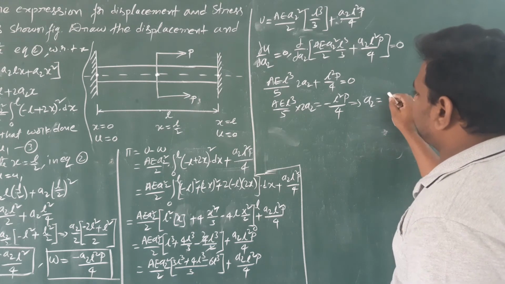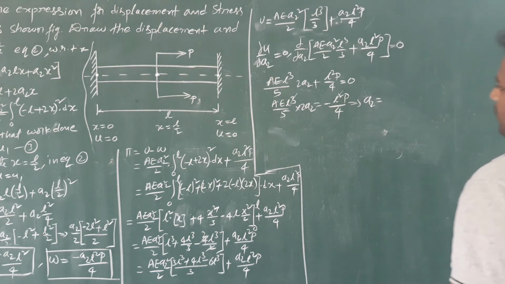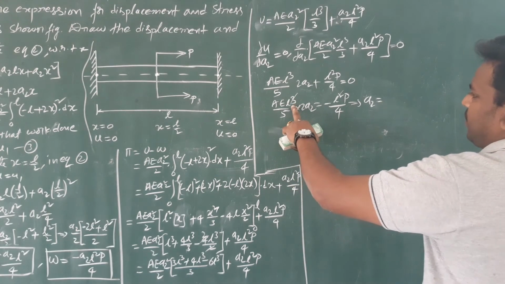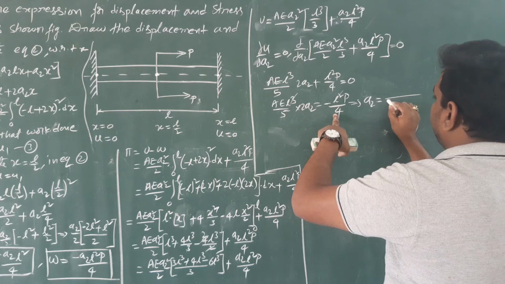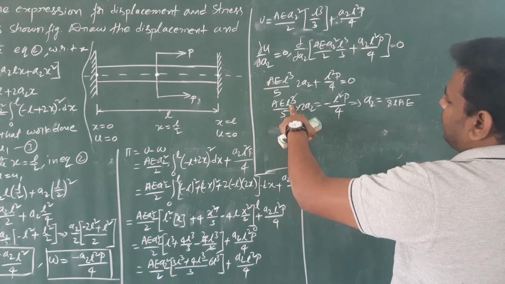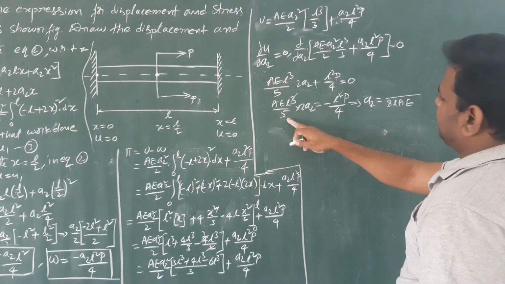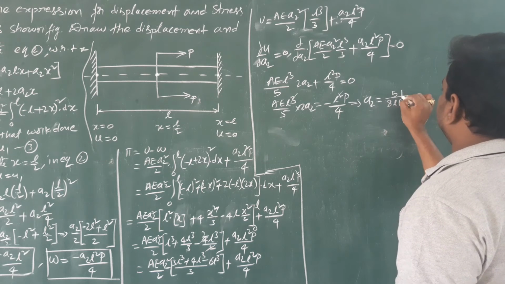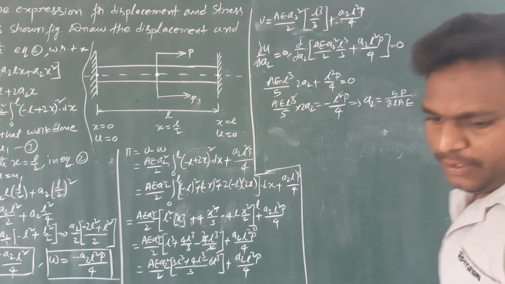A2 is equal to, here L square cancels, remaining is L only. The denominator is 2 into 4, 8, and here L and E. Okay, so remaining is 5P by 8.